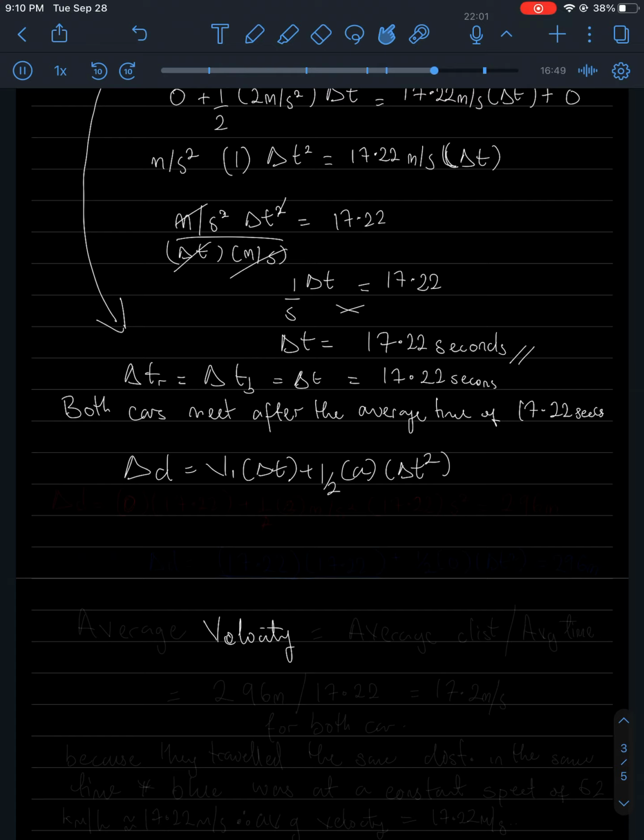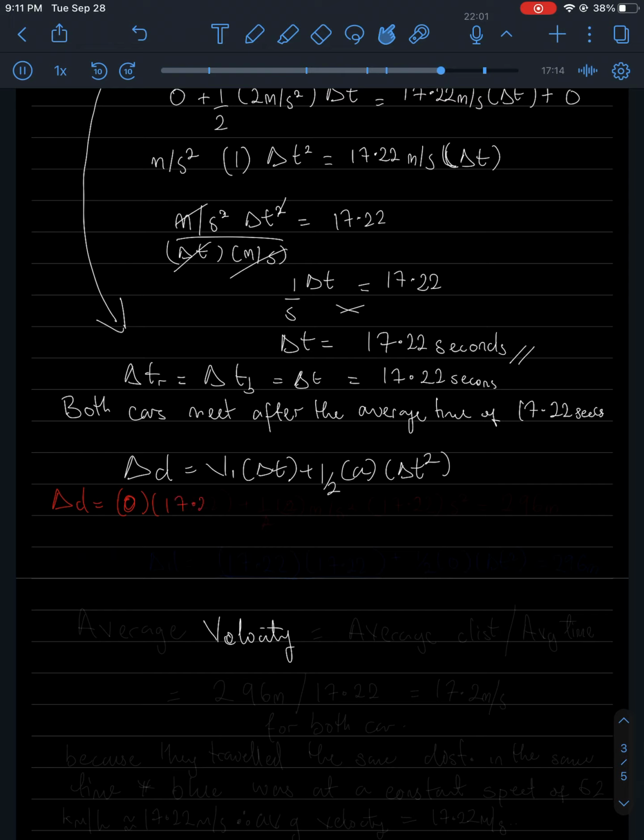So if we use this equation for both the red car and the blue car, to make sure our answer is correct, we should get the same answer in both of them. For the red car, we're going to have change in distance is equal to... the red car's initial velocity is 0.